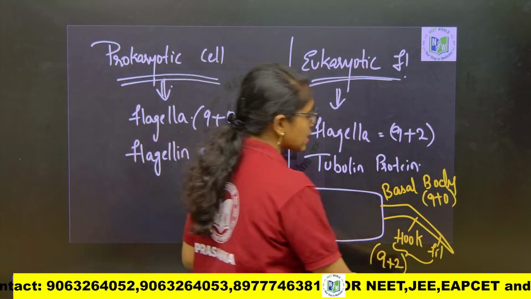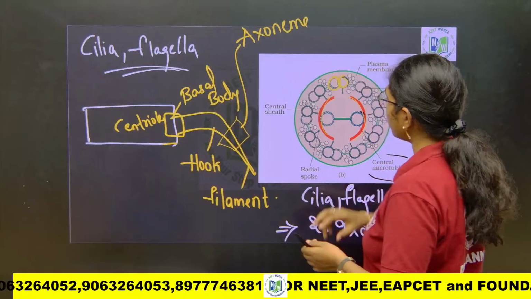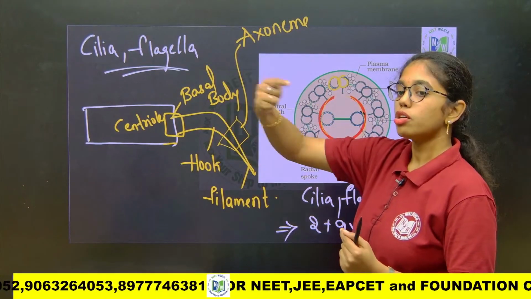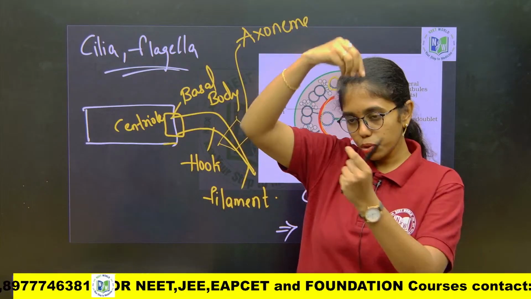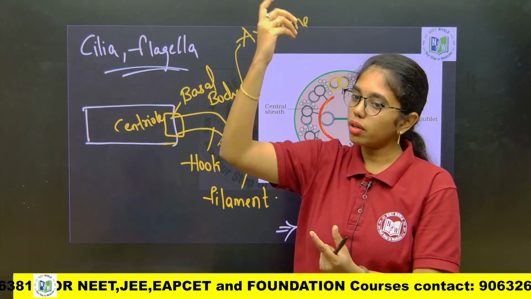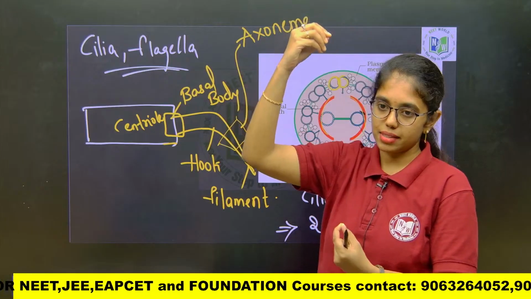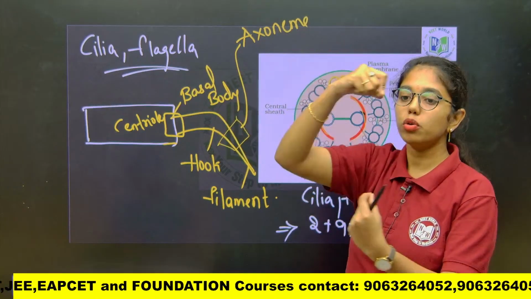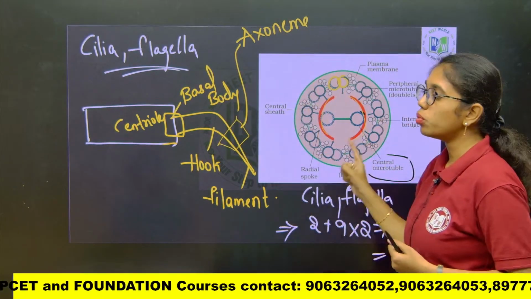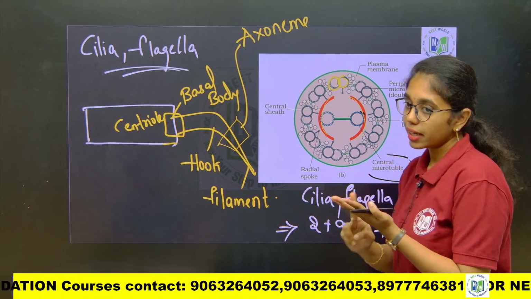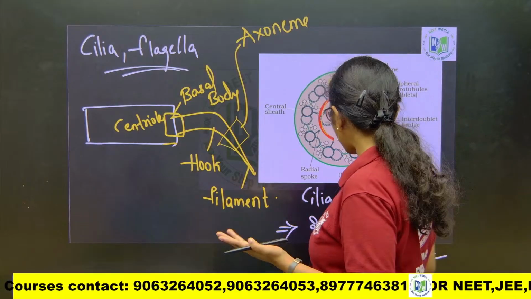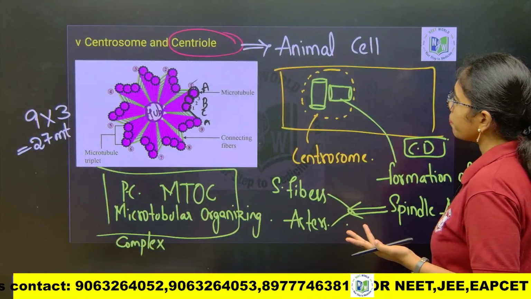So, this cartwheel, if you can imagine how this is moving, like this. So, how flagella will be moving? In this way only. How centrioles are moving towards the opposite poles? Through this movement itself, because cartwheel moves like this. This is what the movement of microtubules is happening. Clear, right? So, now you are clear with cytoskeleton, you are clear with centrioles.